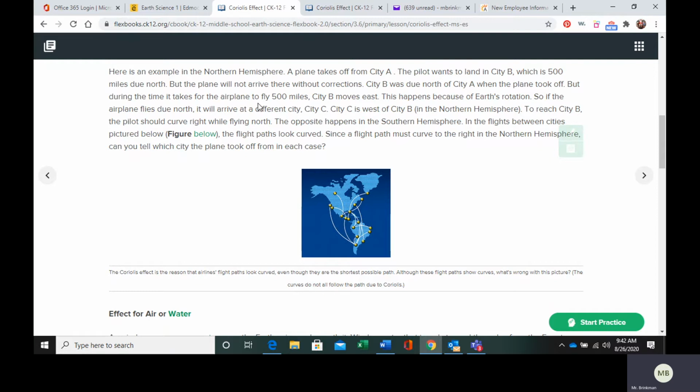During the time that the airplane is in flight, city B is going to move to the east. So the airplane is going to adjust its course so it curves a little bit right while flying to the north. Because remember, in the northern hemisphere, things curve to the right. In the southern hemisphere, things curve to the left. All right.